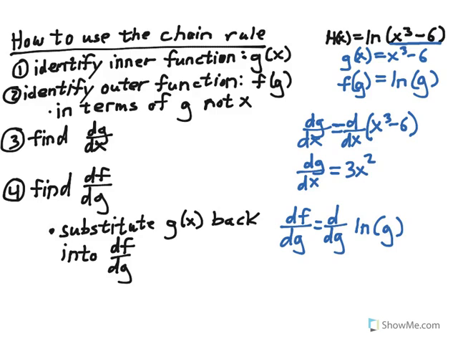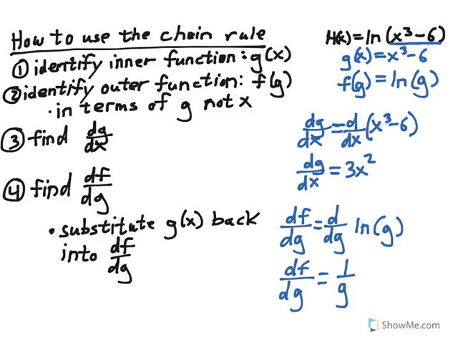Well, if you remember, the derivative of the natural log of x is just 1 over x. So if we change all the x's to g's, we have something that matches this perfectly. Which means that df/dg is just going to be 1 over g.